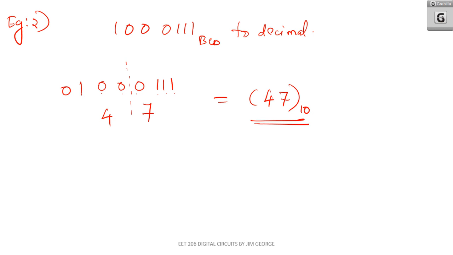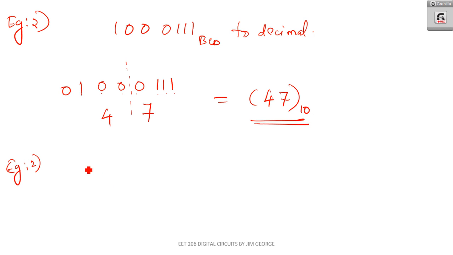Now another example, if you are having decimal points, how do you do it? I will show an example. Convert the following into a decimal code. Here again you have to segment in 4-bit form.